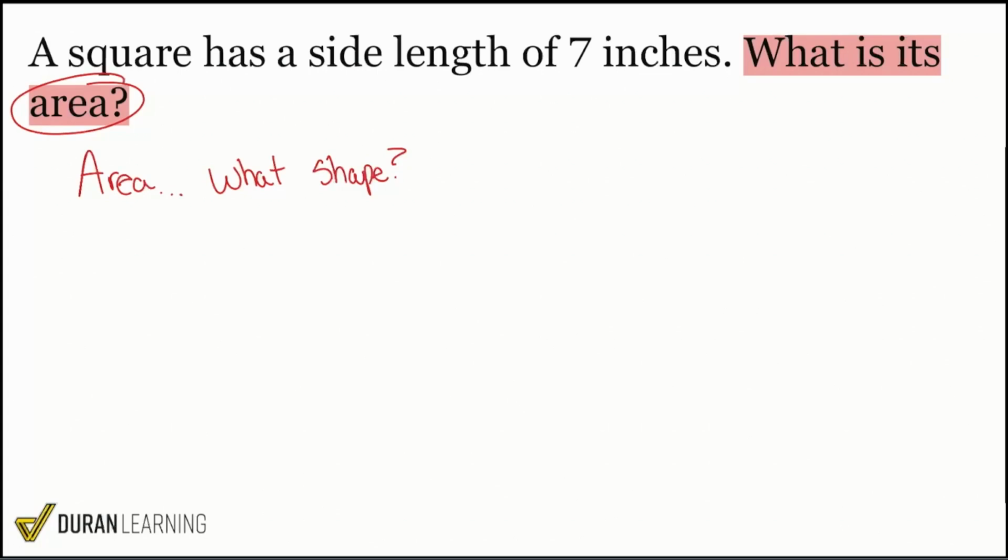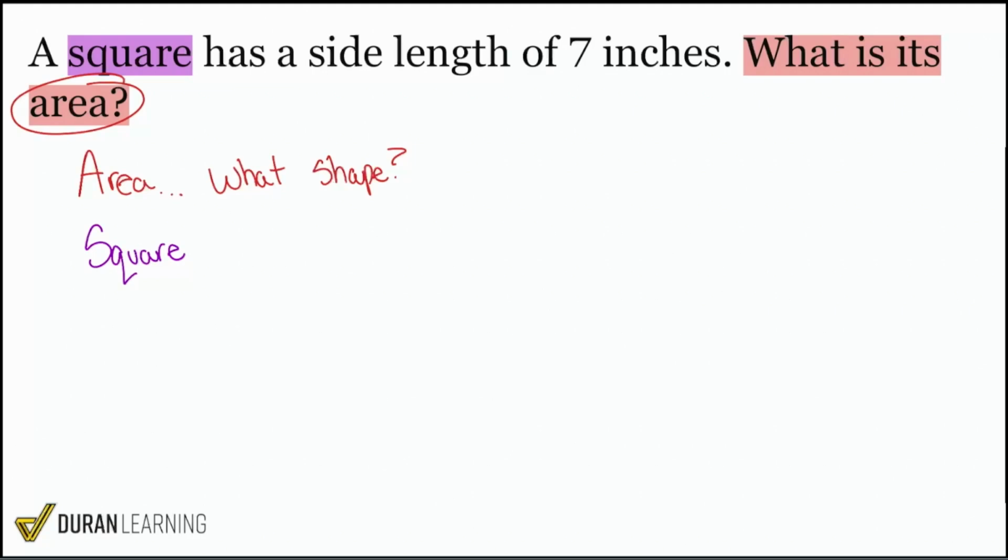It says it there in the first sentence. But the first thing we know is that we're looking for the area. Once we know that we want area, we know that there's a formula for it. We just need to know what shape. They reveal to us that the shape we're dealing with is a square. And from there, we know a formula for it.